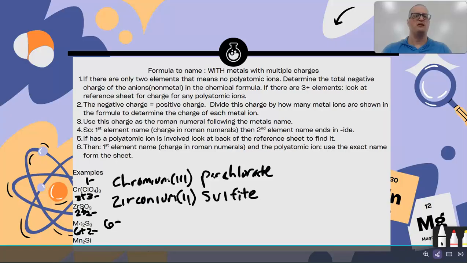So that means each molybdenum has a charge of 3. So molybdenum, it's a weird one, I wrote it down, M-O-L-Y-B-D-E-N-U-M. And remember, the Roman numerals tell us the charge of each ion, so 6 divided by 2 is 3.